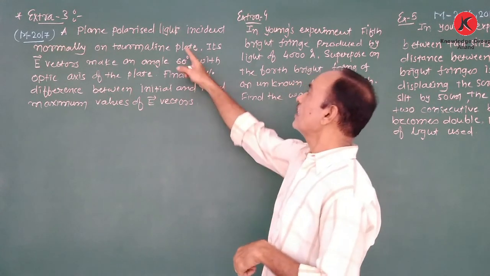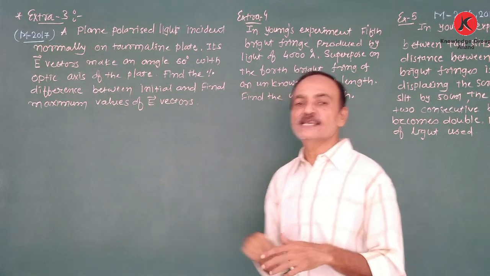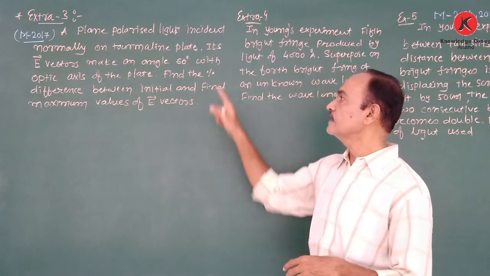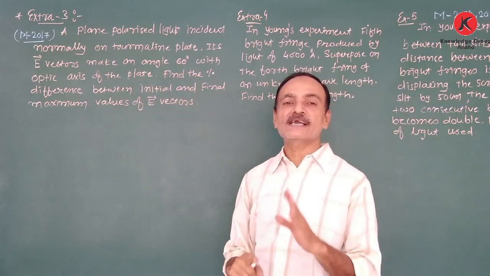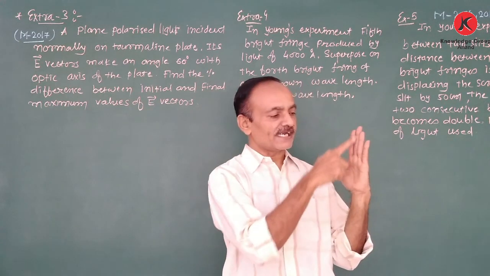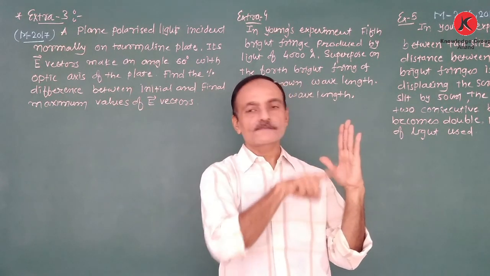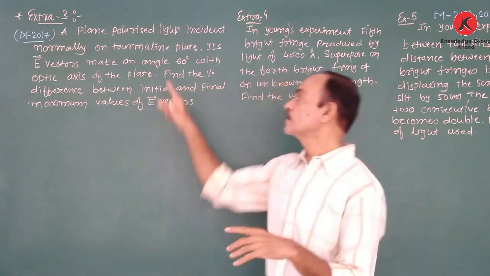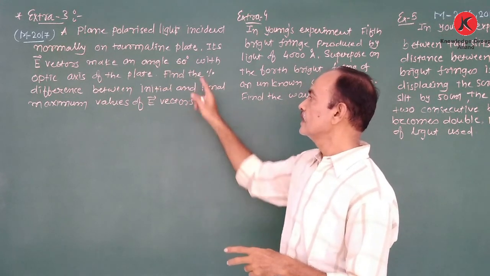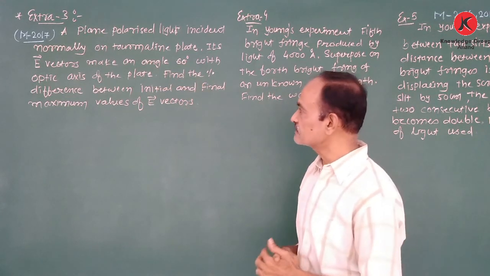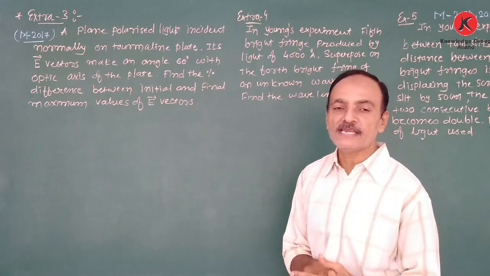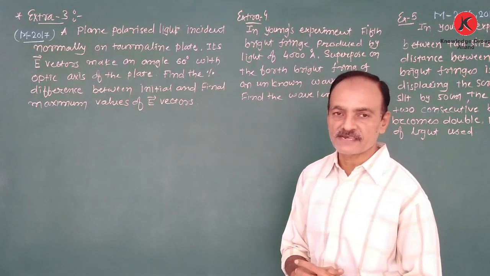So here the plane polarized light is incident on a tourmaline plate, and its E vector makes a 60-degree angle with the axis of the tourmaline plate. We have to find out the difference between the initial and final maximum value of the E vector.